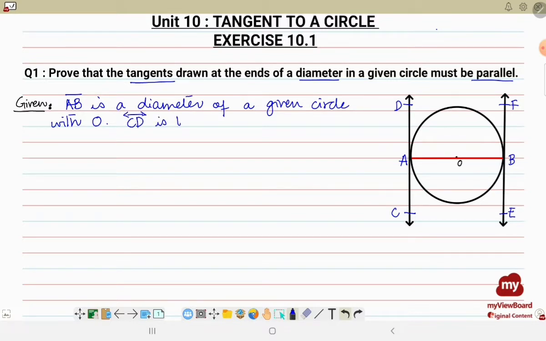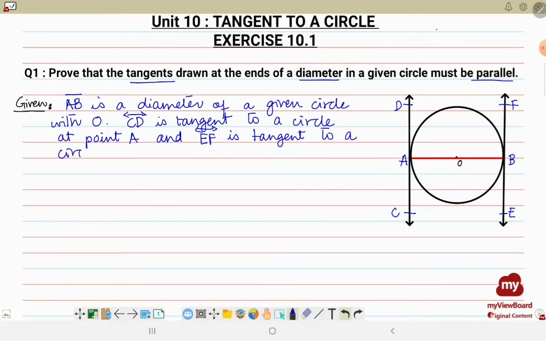CD is tangent to a circle at point A and EF is tangent to a circle at point B. Right?